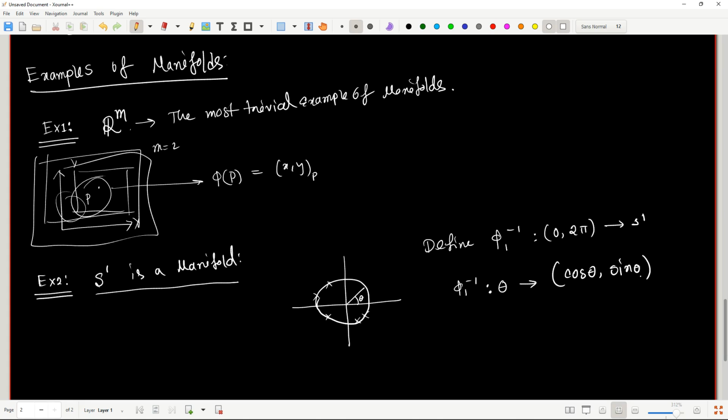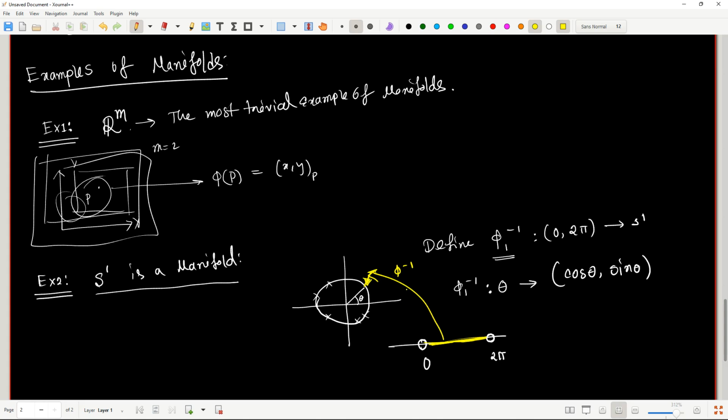So this phi inverse 1 is taking points from this open interval and mapping it onto the circle here.